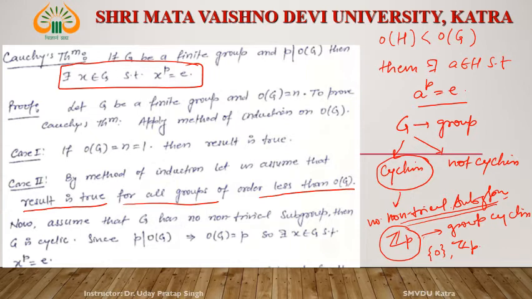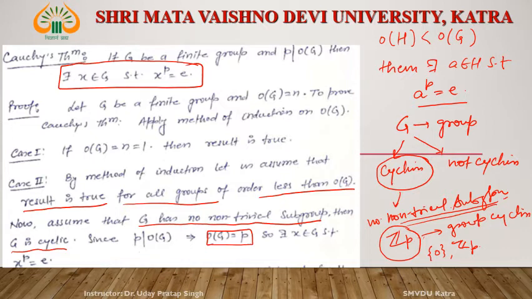In this case, G has no non-trivial subgroup, then G is cyclic. In such a case, if P divides the order of G, then the order of G must be P. Only in this case.